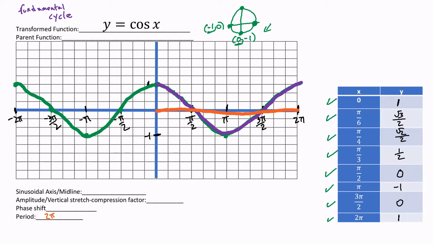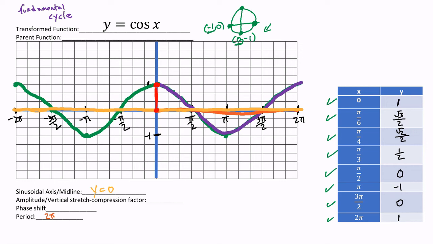We have a line that runs right through the middle of everything. And we're going to call that the sinusoidal axis. So in this case, our sinusoidal axis runs right through 0. So y equals 0 is our sinusoidal axis. Again, the amplitude is the vertical distance between the maximum, so the maximum starts here this time, and the sinusoidal axis.